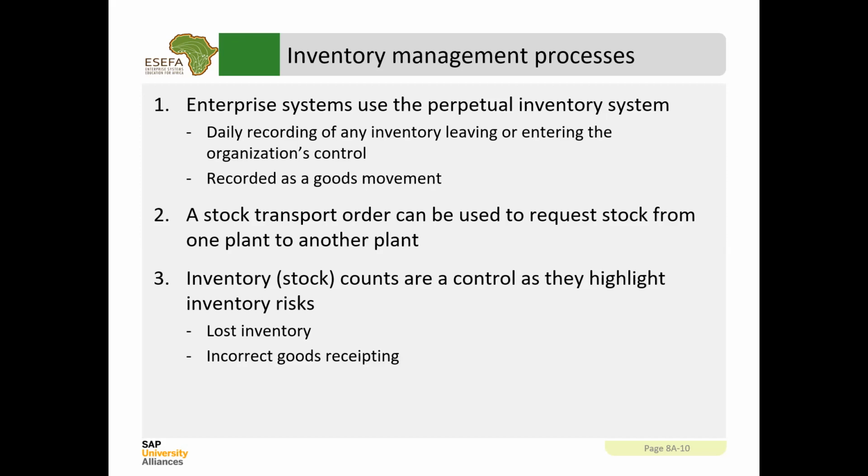So inventory stock counts are a control, as they highlight inventory risk. Now, what are the inventory risks? If you don't take count, you can lose inventory. Someone moves a particular product and you are not aware until maybe the account does not balance.